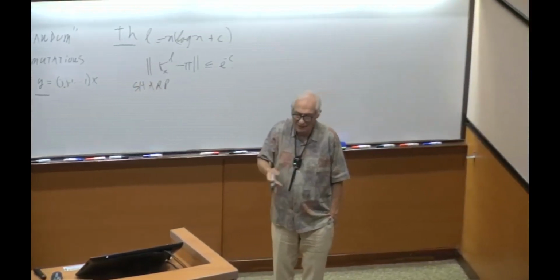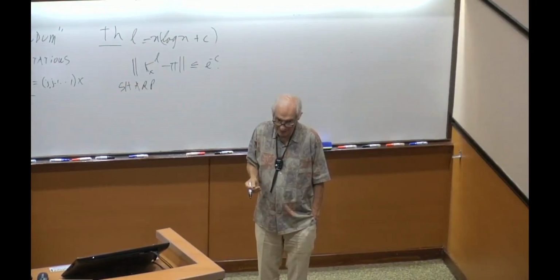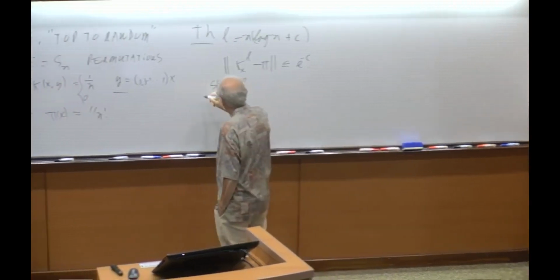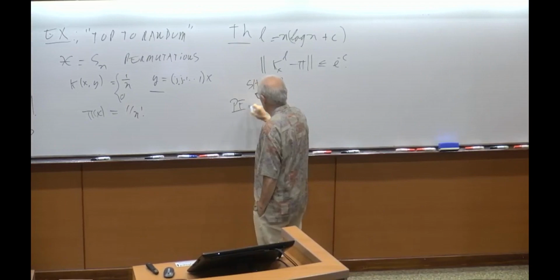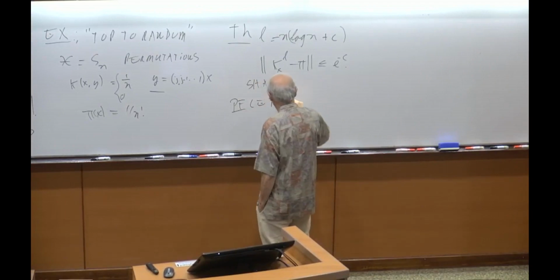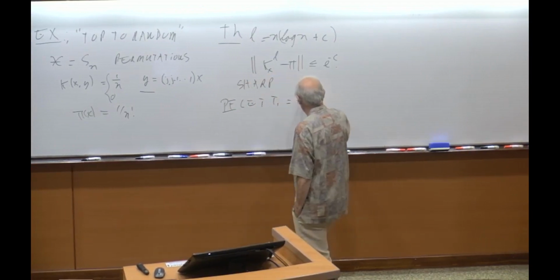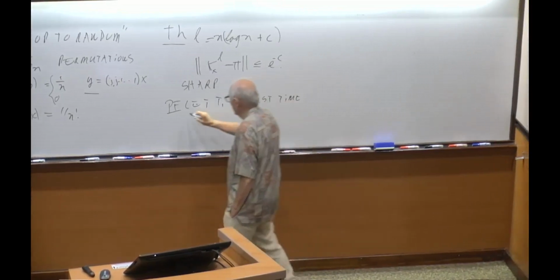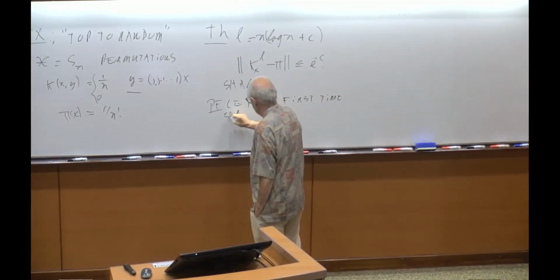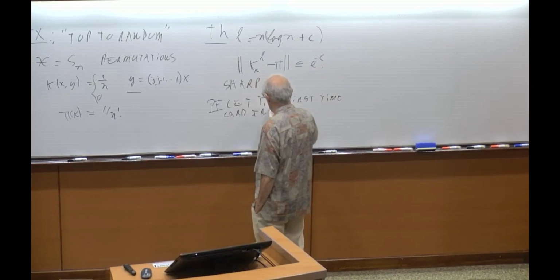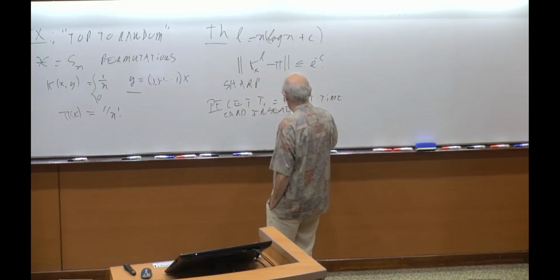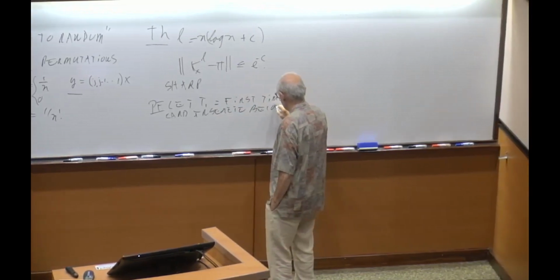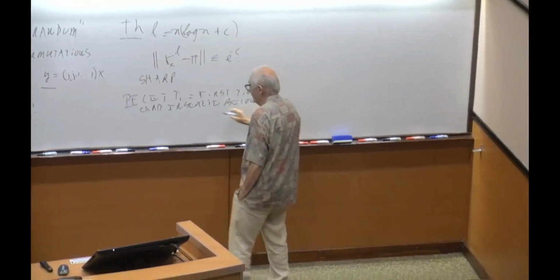These are all stopping times. If you want me to define stopping time, ask me. But let T1, so proof, let T1 be equal to the first time a card is inserted below the bottom card.